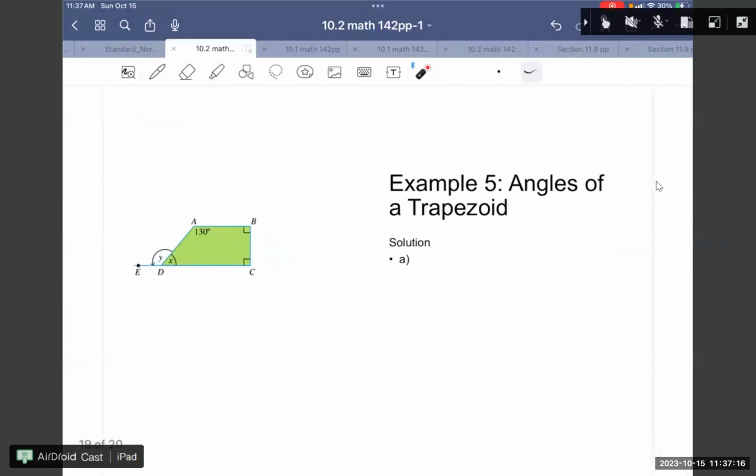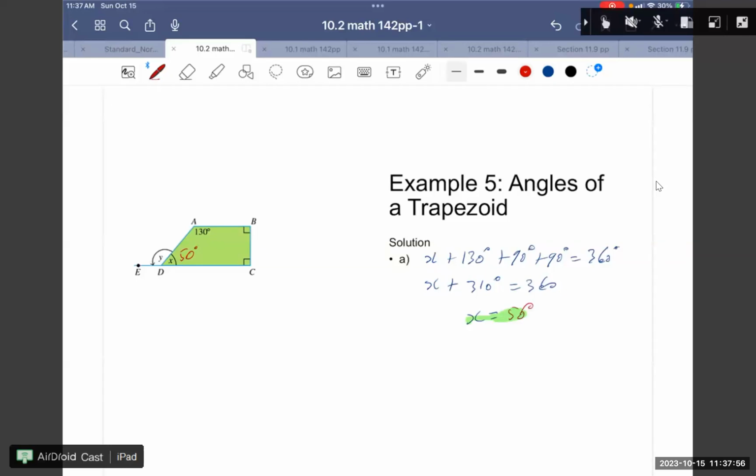For A, we are looking for X. As we know, X plus 130 plus 90 plus 90 equals 360. So X plus 310 equals 360, and X is 50. So I can write down X is 50.